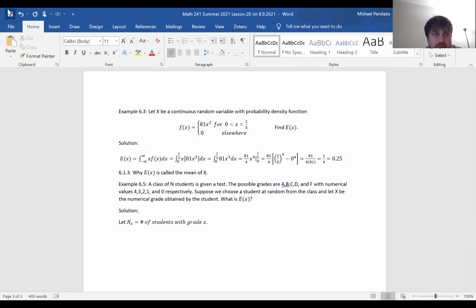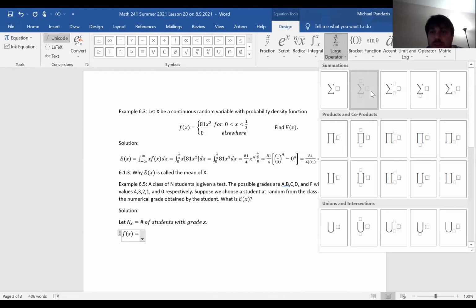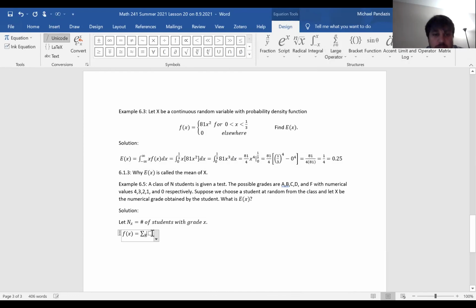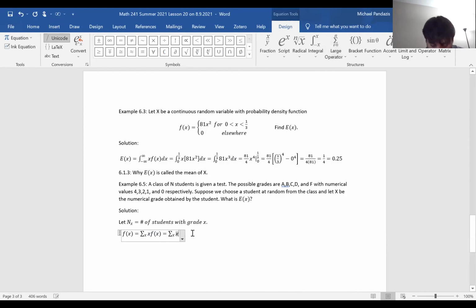So here, back to this example. So everyone come back to this example. Let n sub x equal number of students with grade x. Okay, then E of x is equal to the sum over x of x f of x, which is equal to the sum over x of x times n sub x over n.